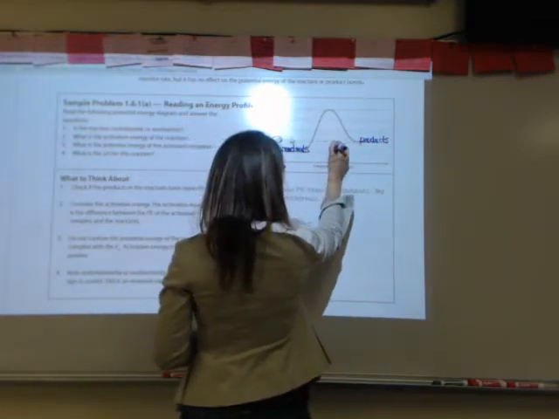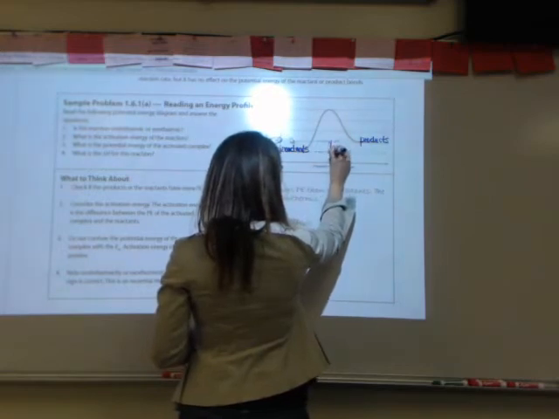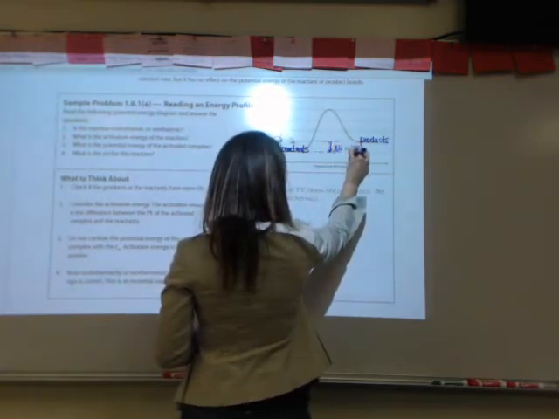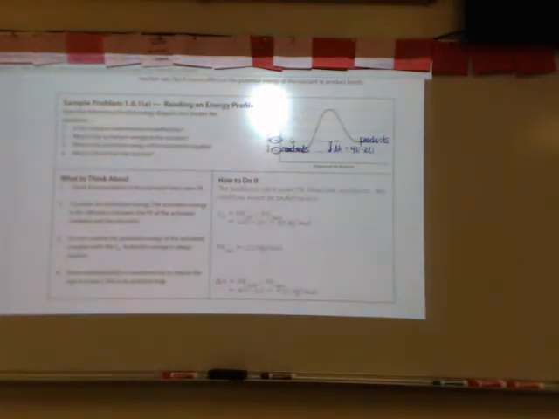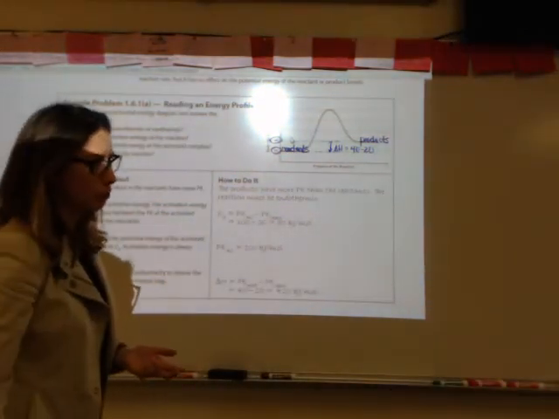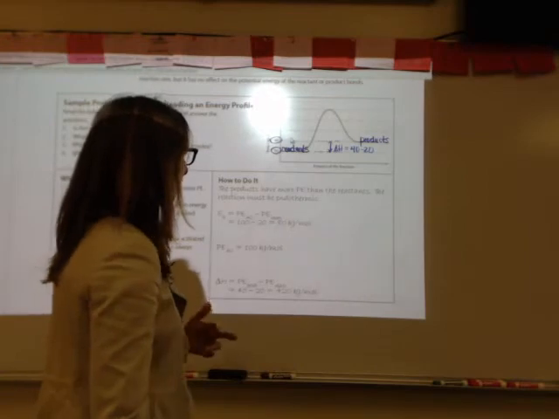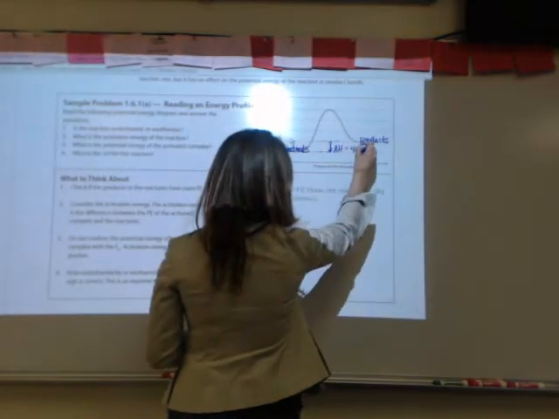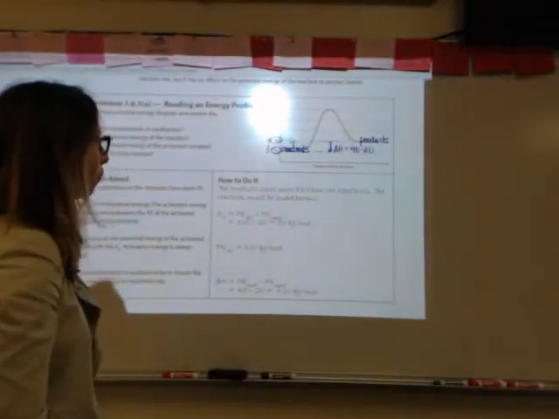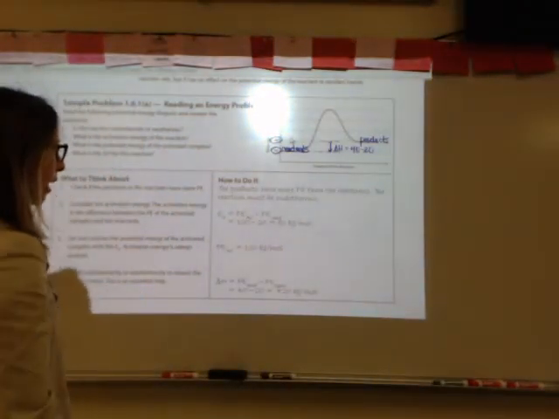So that means that this difference here is going to be my delta H. So 40 minus 20 is going to give me 20 kilojoules per mole, and it's positive. And when your delta H is positive, it's an endothermic process. So this curve is how an endothermic process would look. The products have more potential energy than the reactants.